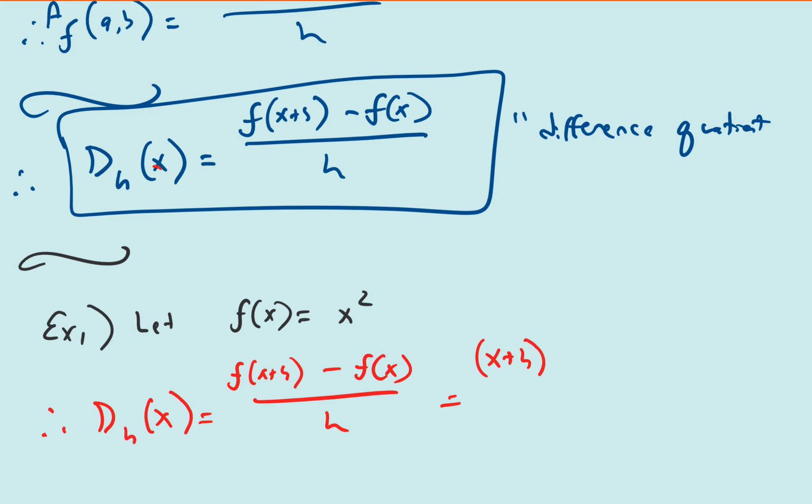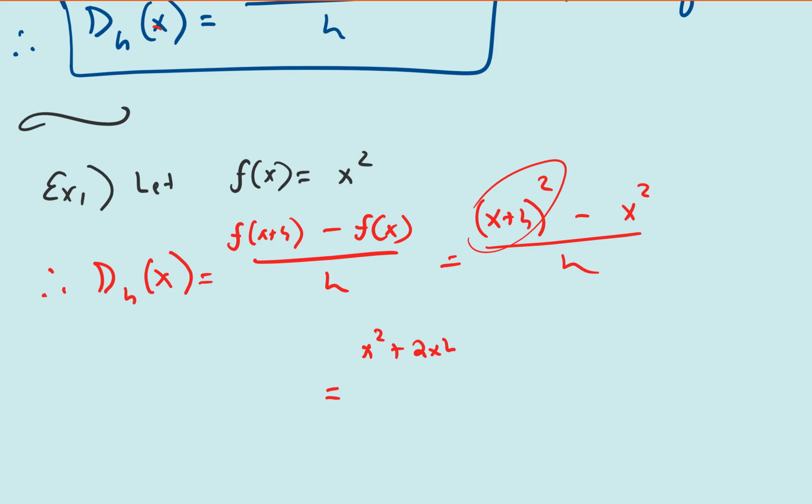We're just going to have x plus h squared minus that function x squared, all divided by h. So I'm going to expand the numerator. x plus h squared will FOIL into x squared plus 2xh plus h squared, minus x squared, all over h. We can note here that these x squareds do eliminate.